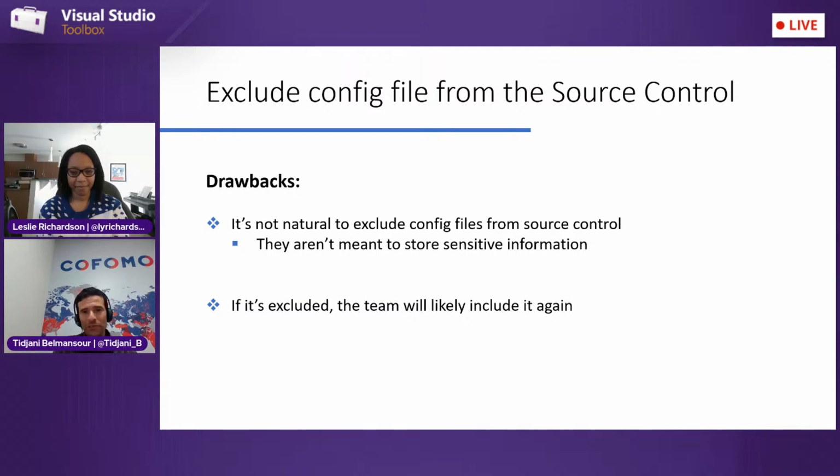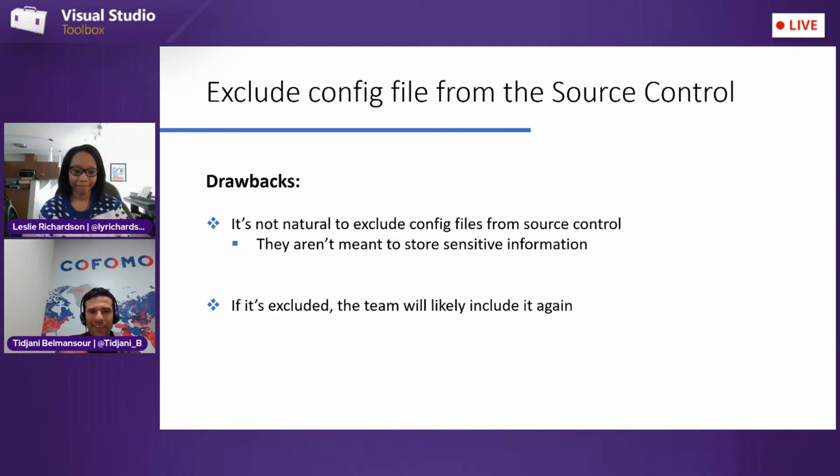And if you exclude such a file, it's likely that your team will want to include it again, simply because this file is not meant to store sensitive information. It has other purposes, and they will need it for those purposes. For example, you can specify the environment in which you are running, and you want to store such information in your configuration file.